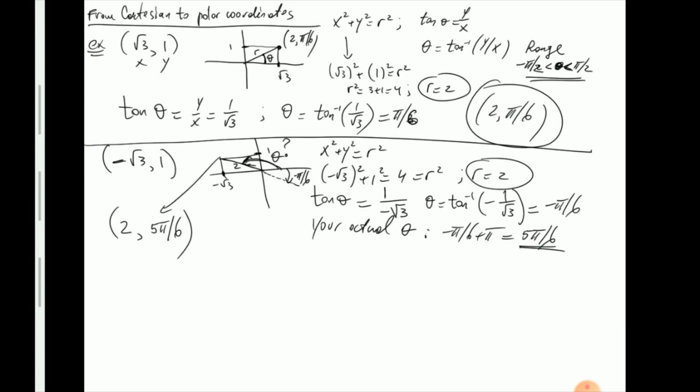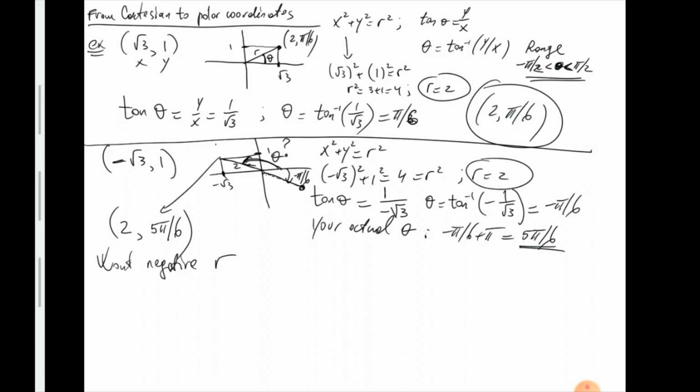All right. Of course, if you so desire to have a negative r, then that minus 2 should be paired with the opposite of the point of coordinates 2, minus pi over 6.